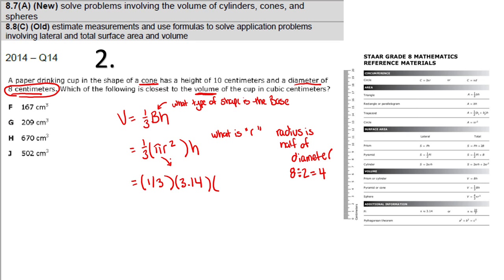Our radius, we just figured it out, is 4. We're going to have to use our squared key, and then our height is right here in the problem. It says 10. So notice how I'm using parentheses for each one of these numbers we're plugging in. This will help us stay organized when we get our answer. Alright, type all of that in your calculator. I'm going to wait for a second to see if you can beat me to this answer and get it right.